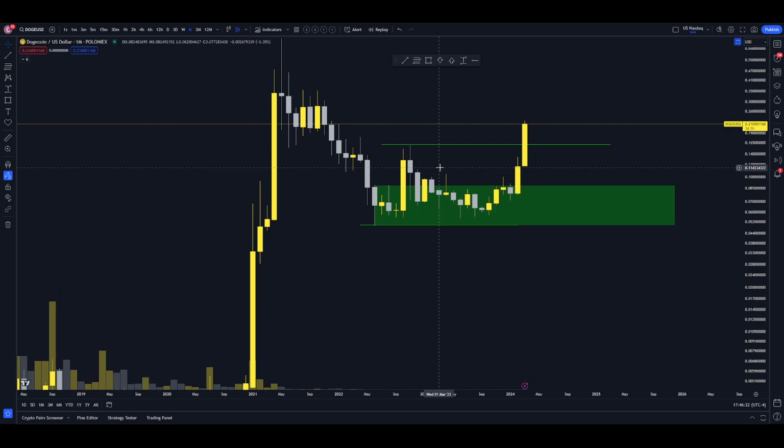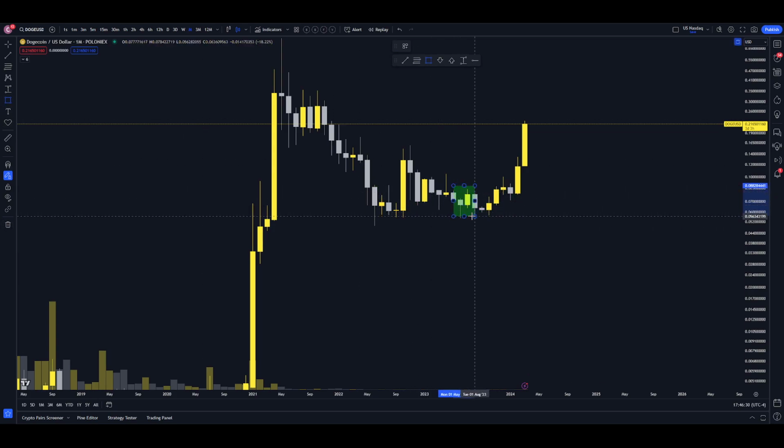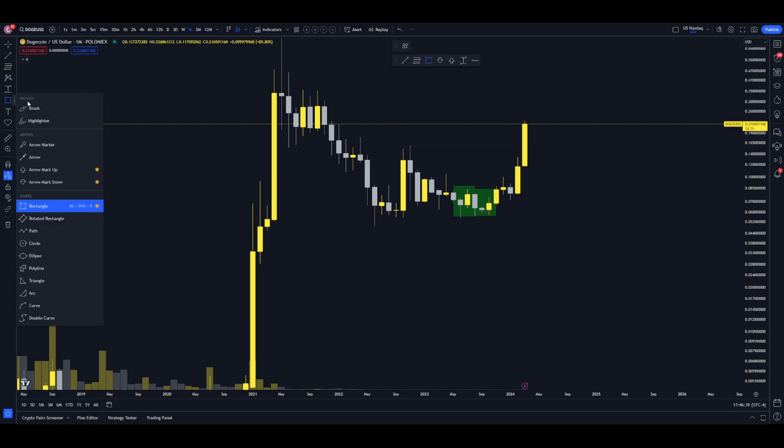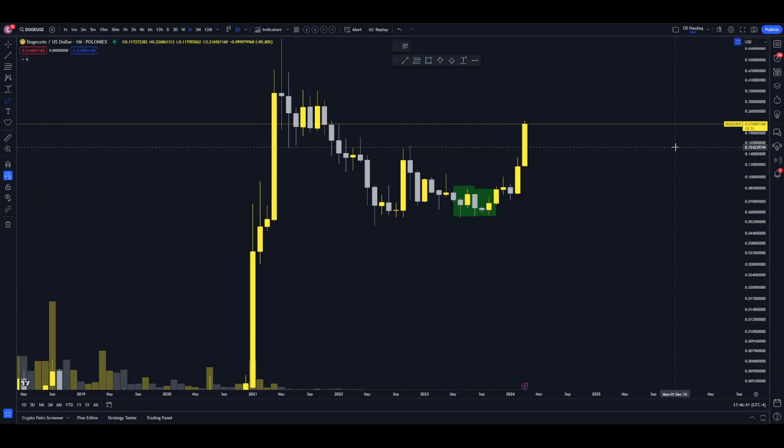You'd like to be a better seller up here and a better buyer down here. Yeah? So when we get these nice setups on the monthly, these nice little bullish engulfing setups here, that's a good time to start positioning yourself for the bigger picture trend and focus less on this intermediate term trend.